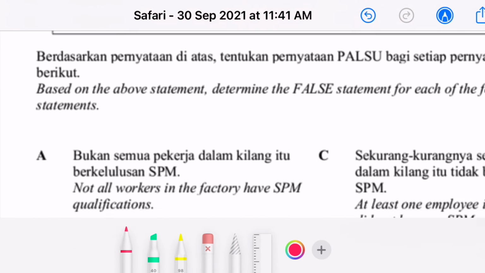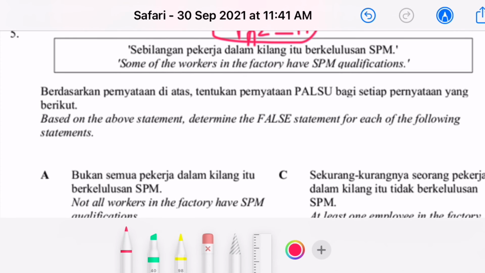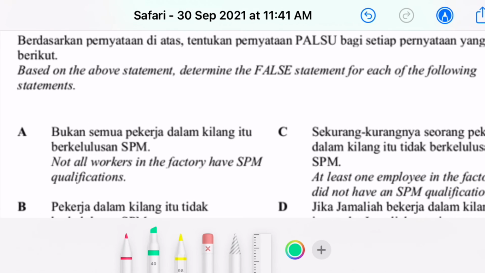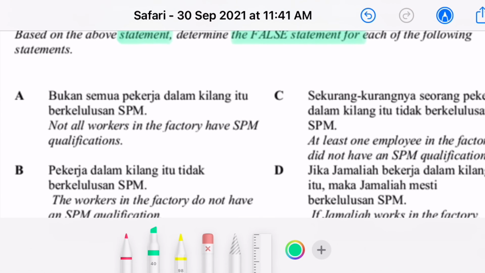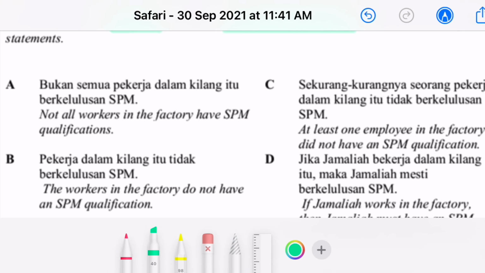Alright. Let's proceed to number 5, which is the last question. Some of the workers in the factory have SPM qualification. Based on the statement, determine the false statement. Only some of the workers have the SPM qualification, so not all workers in the factory have SPM qualification.